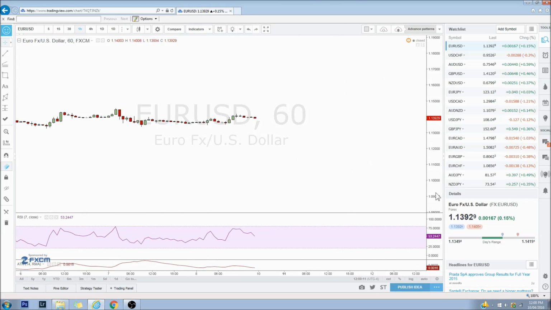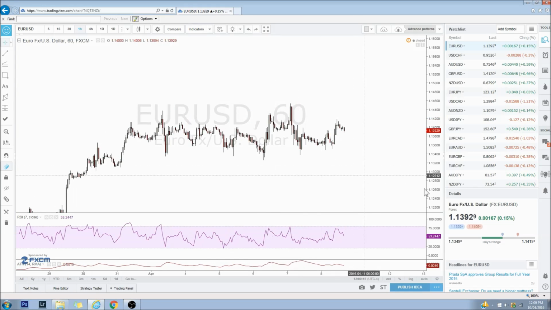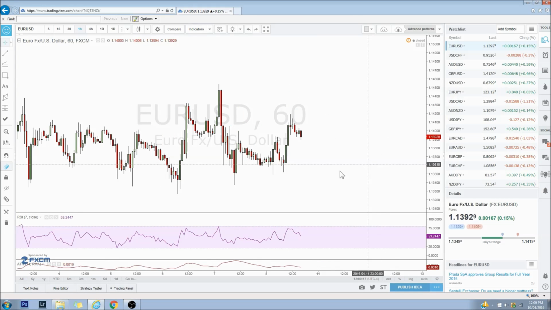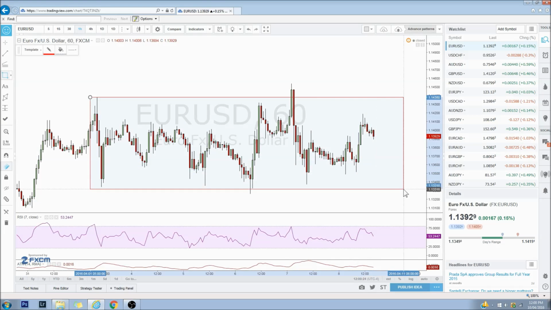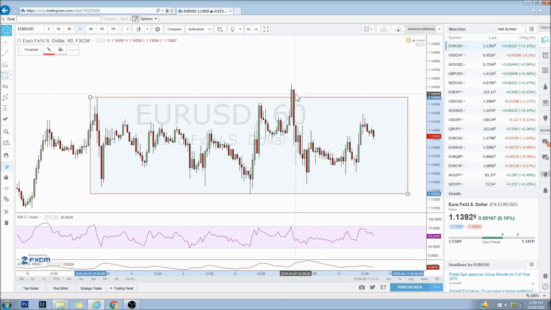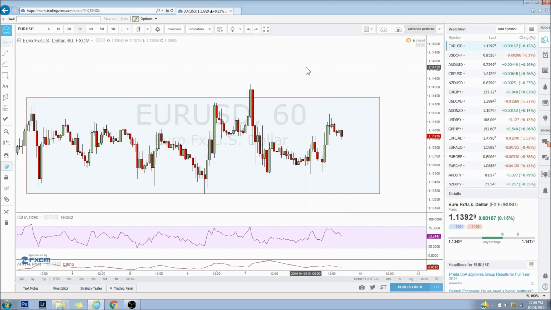So what I do is I break it down to a 1 hour time frame, which is my trading time frame. And let's beef this up so we can see it. What I like to do is to get the high and low points of the area here. So what we can see is that we've got a false breakout right here. And I want to see if there's any setups possibly coming our way for next week.